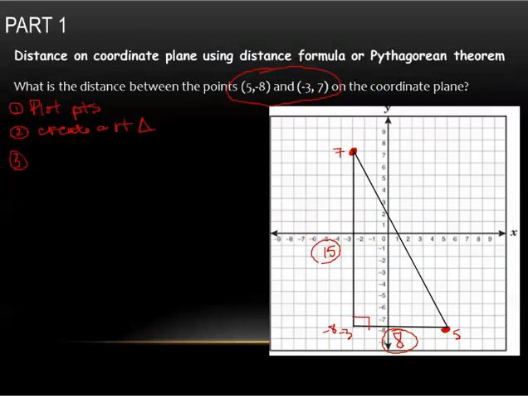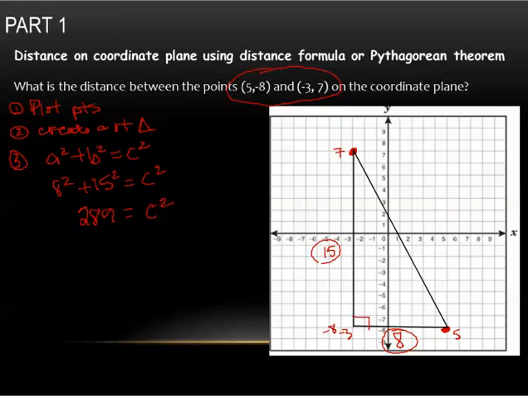So my third step is the Pythagorean theorem. You're going to have 8 squared. Oops, I almost put 7. And then I'm just going to use my calculator. I'm going to go ahead and say 8 squared plus 15 squared equals 289.